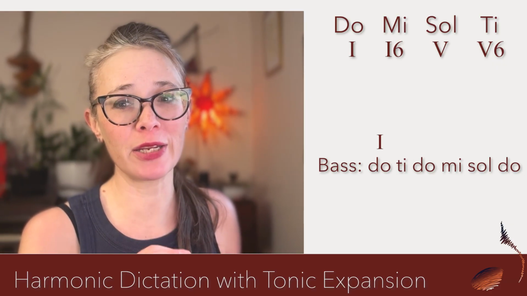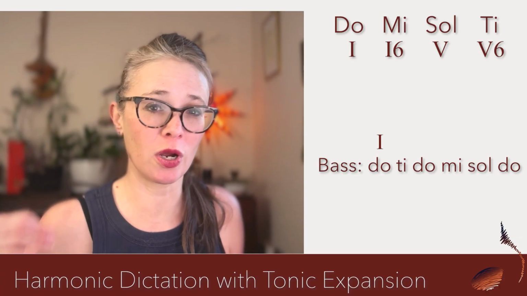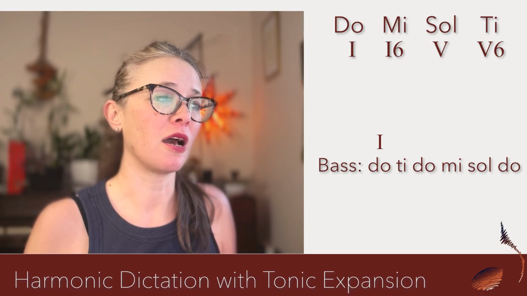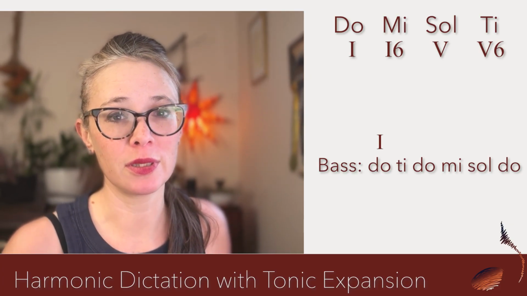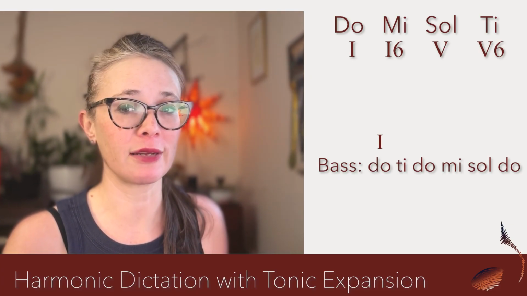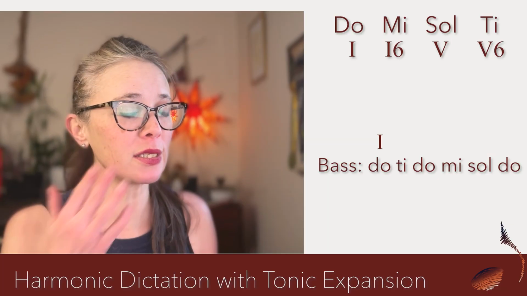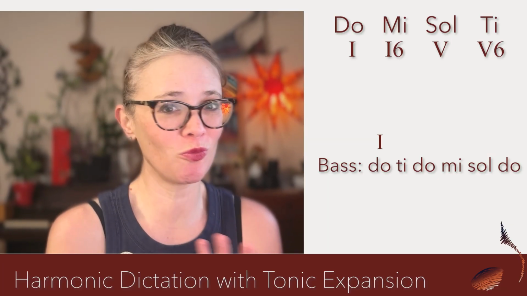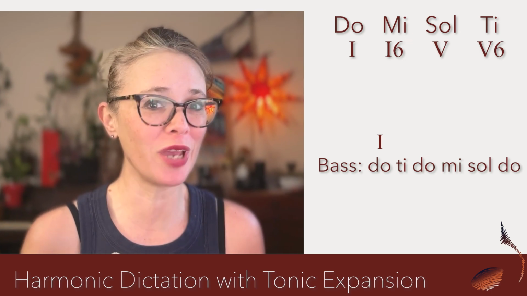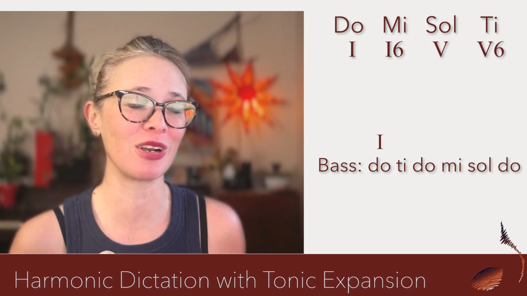Now if you do have manuscript paper, you might want to sketch in these notes. We're in G major. We're starting on G2, or the bottom line of the bass clef staff. So you could sketch in the notes if you want, just to get that practice. Okay, so we have that, and because there are so few chords, we actually know what the chords are without even looking at the soprano.